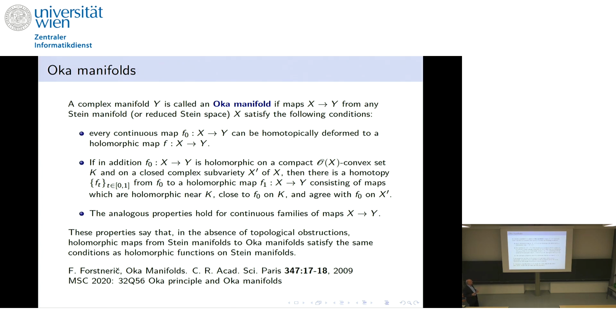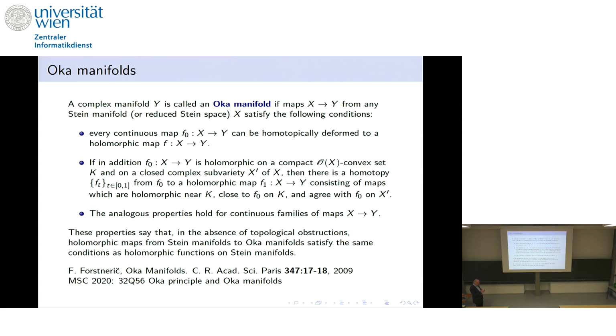So in addition, you ask that if the given map is already holomorphic on some compact holomorphically convex subset of your Stein manifold, and maybe it's also holomorphic on some closed complex subvariety, then I should be able to choose this homotopy from the beginning map to the final holomorphic map in such a way that all these maps in the family remain holomorphic in a neighborhood of K and as close as you like to the original map on K, and on X prime, on the subvariety, you want to interpolate. Don't change at all. So this is the requirement.